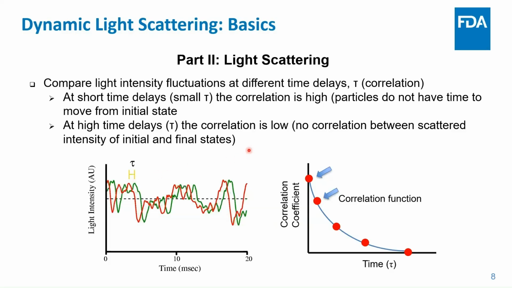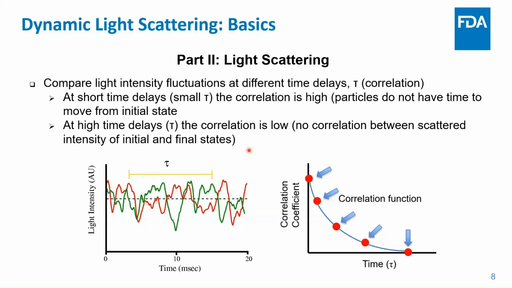And so what you see is that as you move this time step by a couple milliseconds, you start to go out of sync. When two things are perfectly correlated, they have a correlation of 1. Over time, you get to where these two signals are perfectly out of phase, and that drops the correlation function off towards 0.